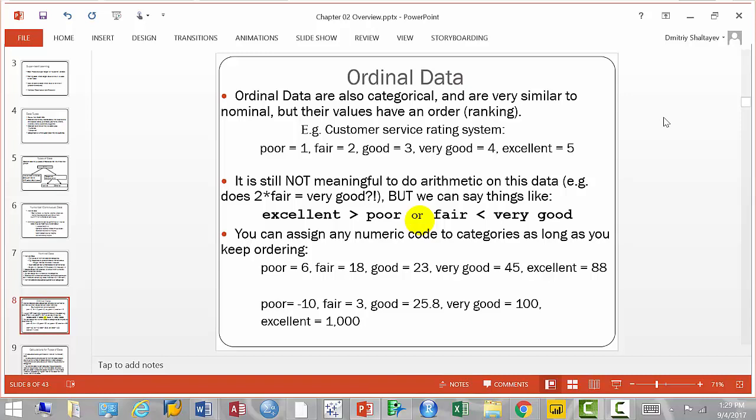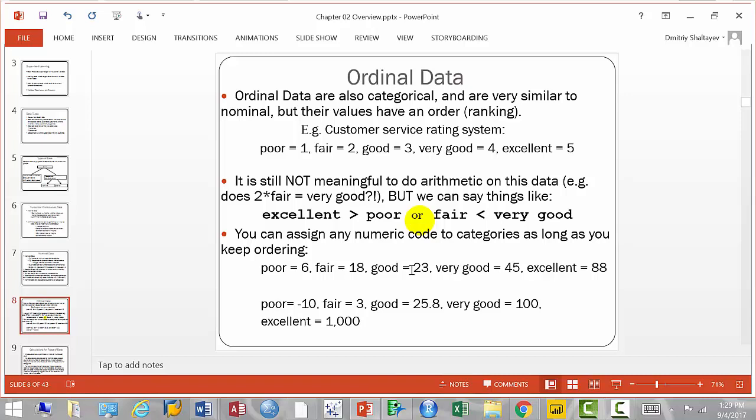So the important distinction about ordinal data is that the categories are ordered. We can say that excellent is always greater than poor, and very good is always greater than fair. Now, I can again assign numbers, just like I did for nominal. Remember, married 1, divorced 2, single 3, just my random choices.